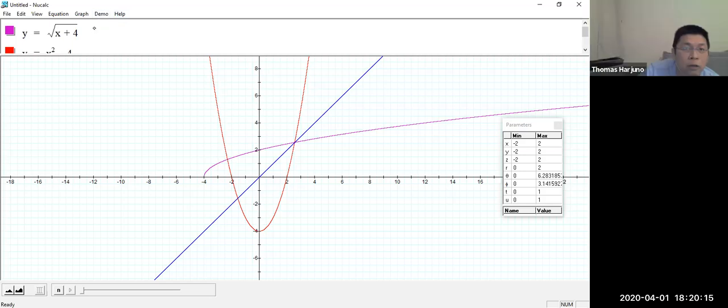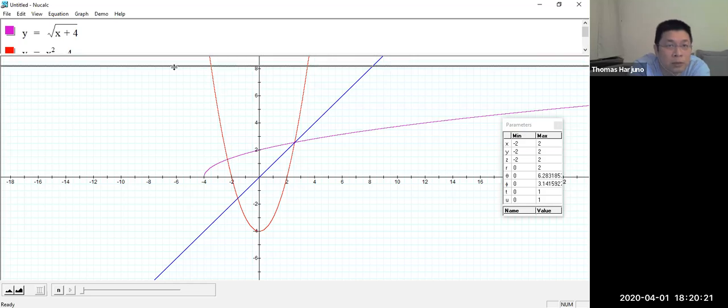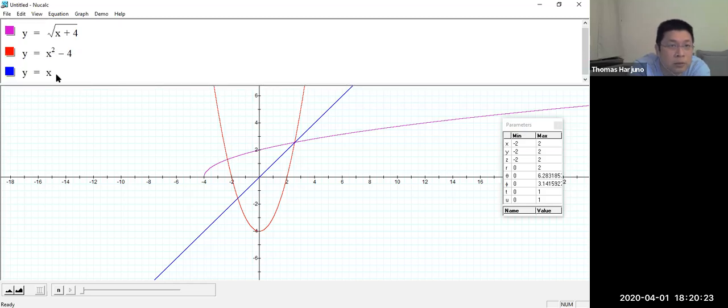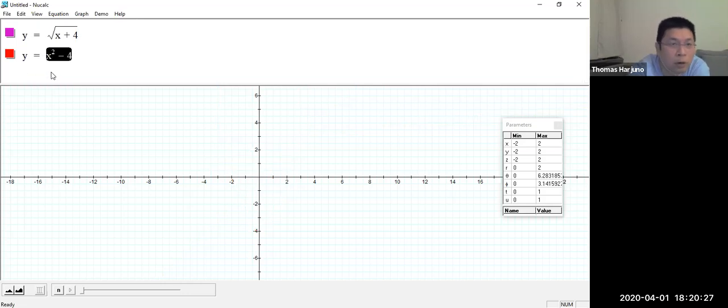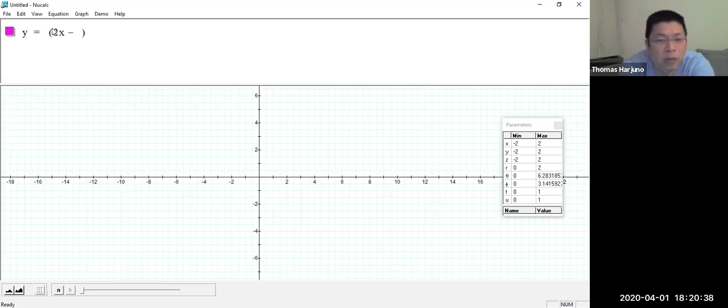Let me erase this function first. Well, you're supposed to be able to graph them already, right? That's actually part of our lesson last time. Now, if we do it here, what is the original function? I think it's 2x minus 3 divided by 4x minus 5.